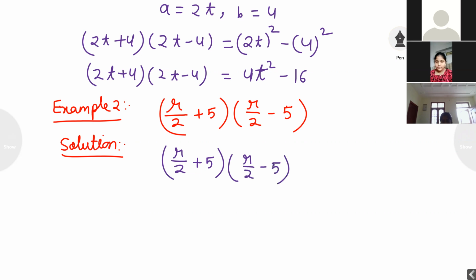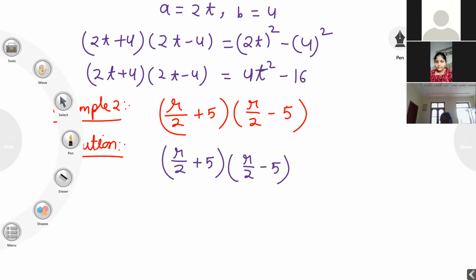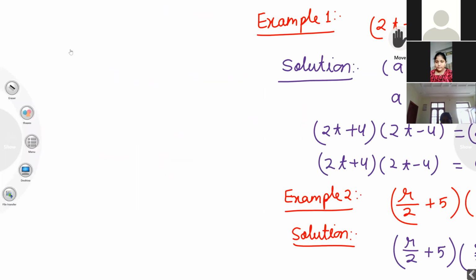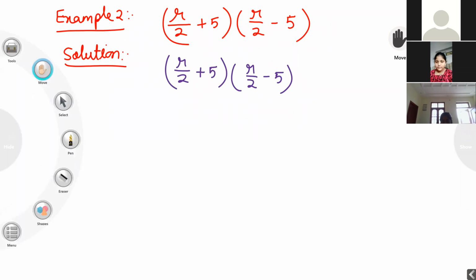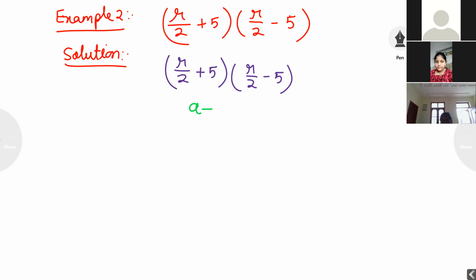It is looking like (a plus b)(a minus b). (a plus b)(a minus b) is equal to a square minus b square. Now, the value of a is r by 2, the value of b is equal to 5.